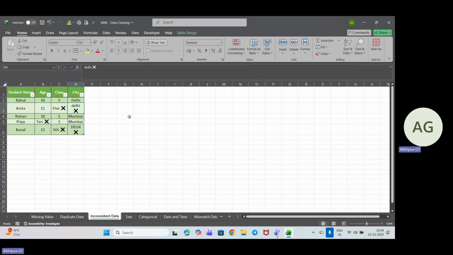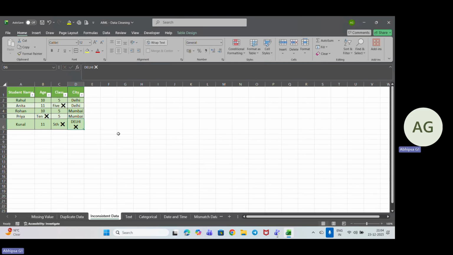Okay, hope this is clear to you people. Once we have found the inconsistent data, we need to handle it accordingly. Here you can see there is a spelling error, so we'll just delete it, take it the exact way it should be, and maintain it for all.